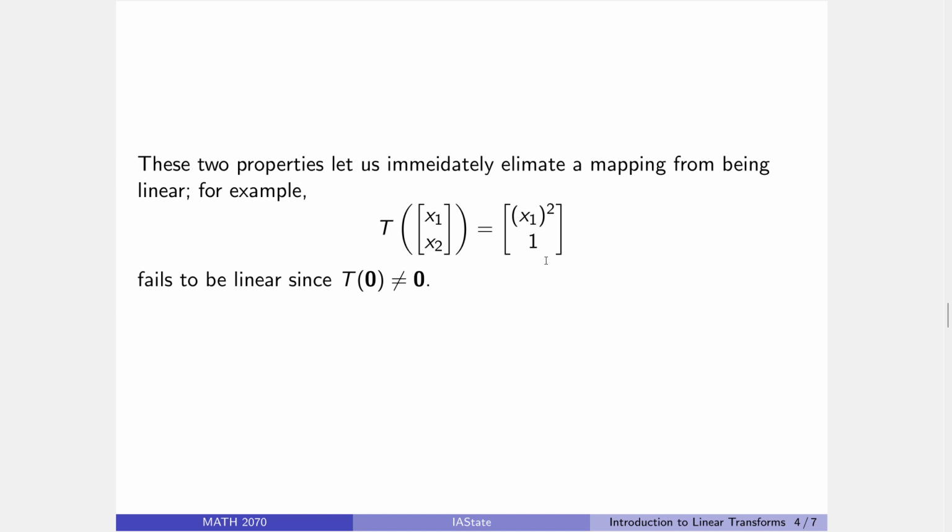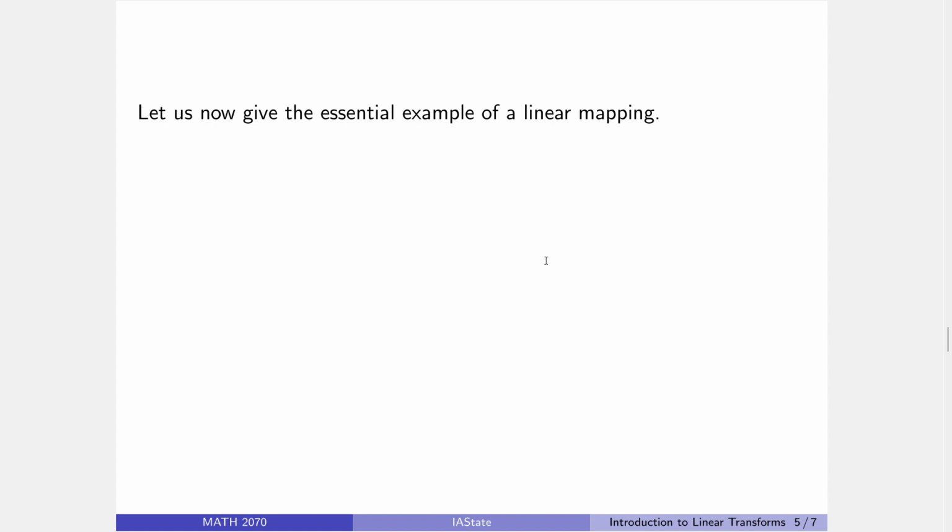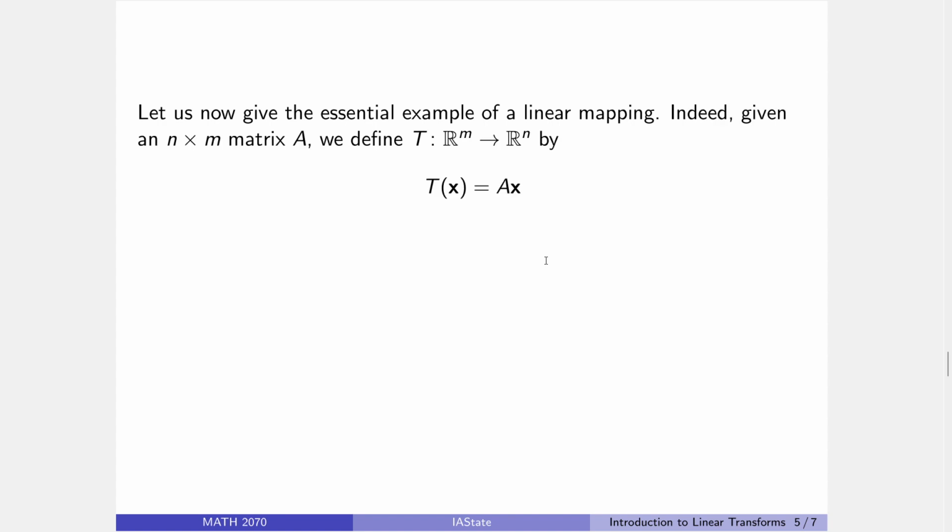So now that we have an example of something failing to be linear, let's get an example of something that is linear, and the essentially only possible linear mappings, as we will learn in the next video, are matrix multiplications.